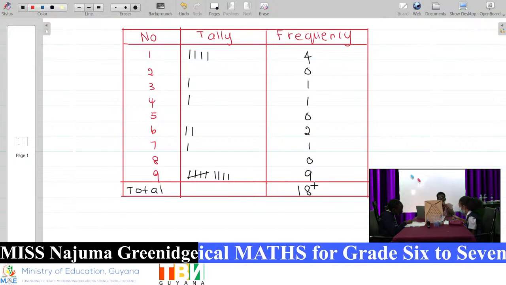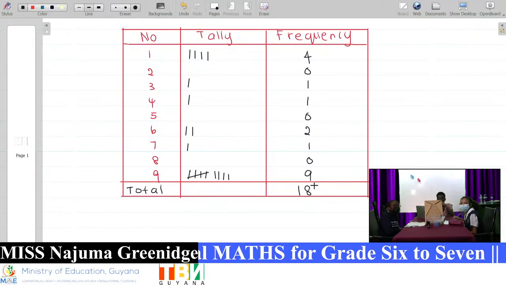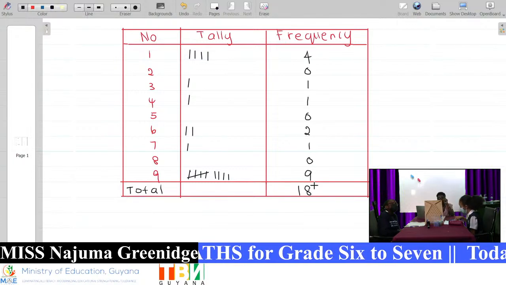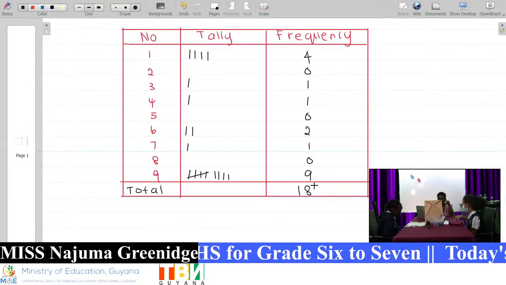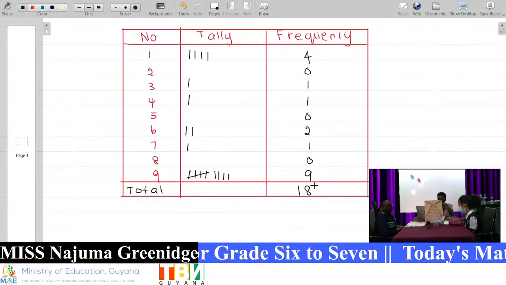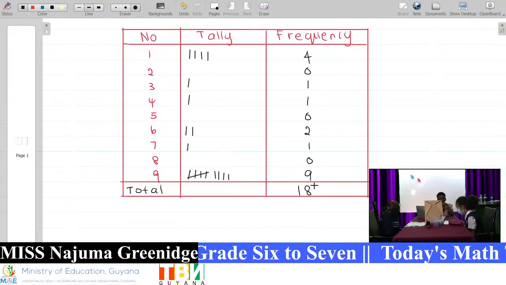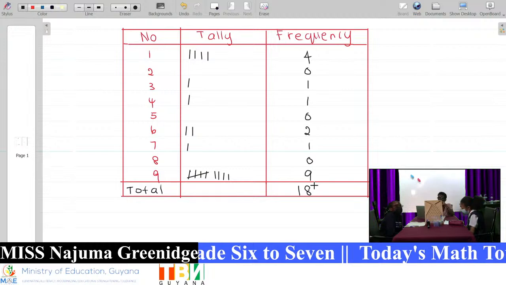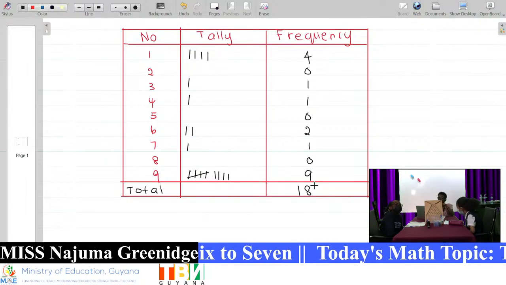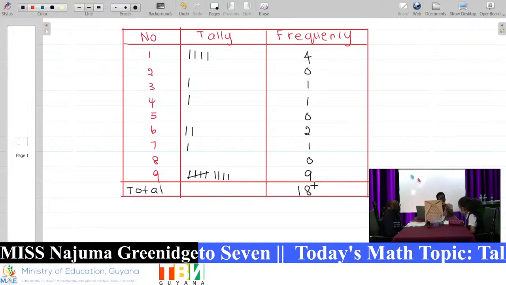So on the number 1, the ball land on there were 4 times. 4 times one of the marbles land on the number 1, right? And the number 2, no marble land on the number 2. Also, you have the number 5, no marble land on the number 5, and 8 as well, right? Good.